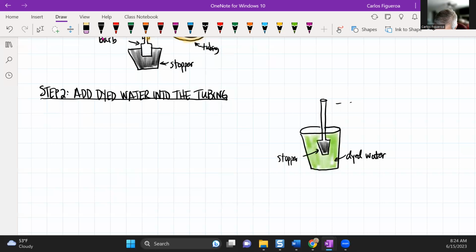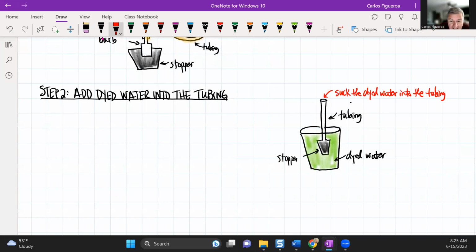Now I'm going to move this a little bit down here. Here's what you've got to do. To get the water into the tubing, you have to suck the dyed water into the tubing.